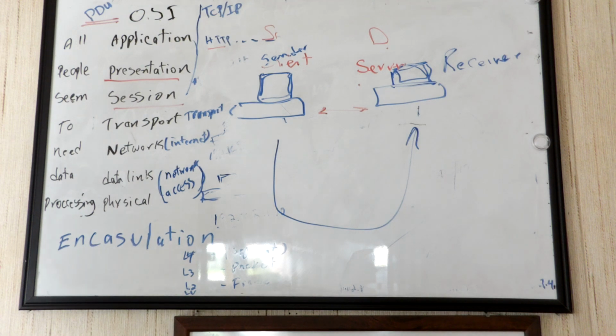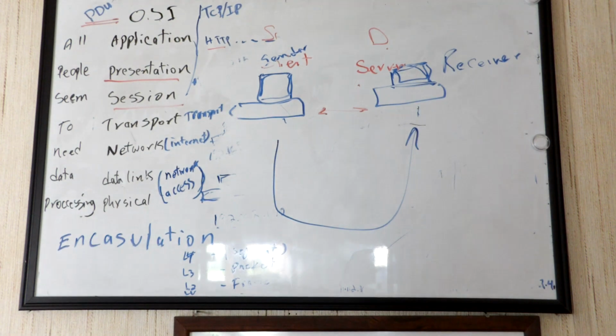It receives the formatted data from the upper level, adds the source and destination port numbers, and passes it to the next layer.